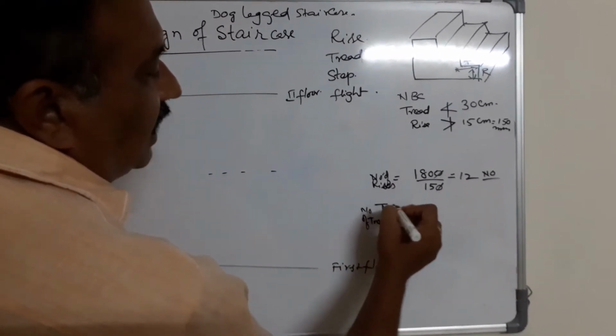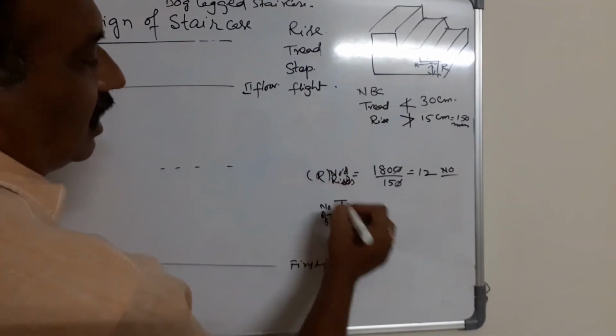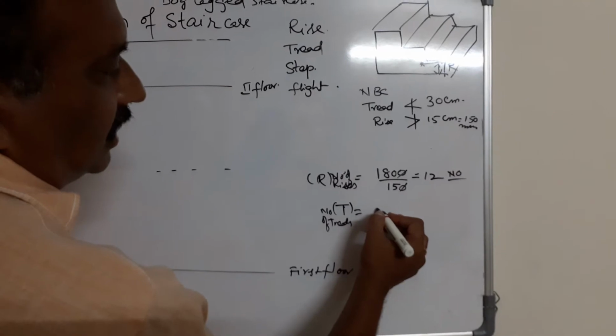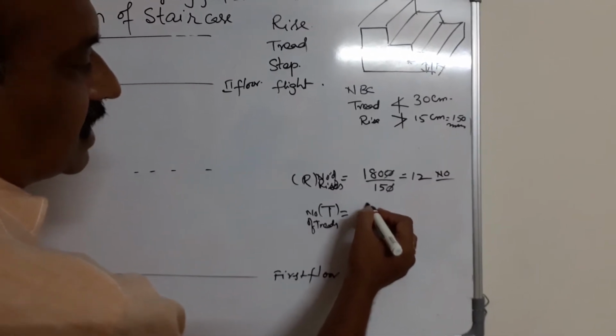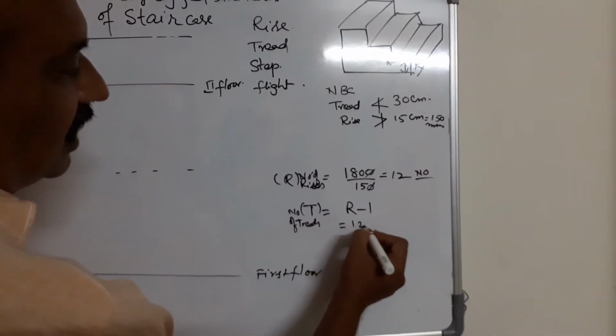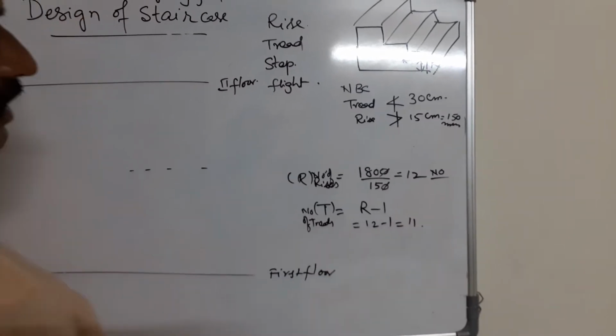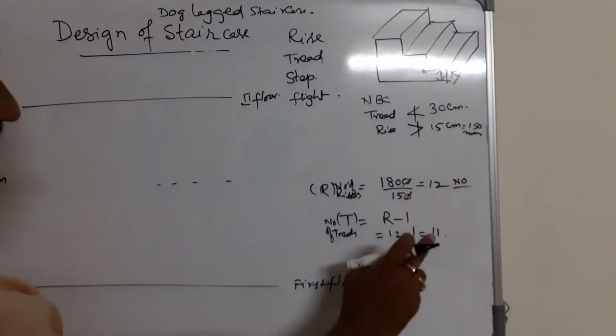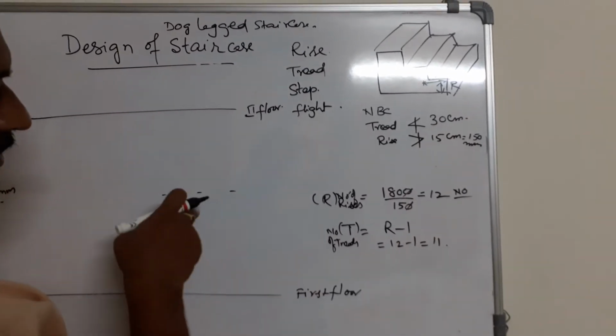There is a formula to get the number of treads, represented by T, which is equal to the total number of rises minus 1, that is 12 minus 1, which is equal to 11. Why we are going to less one number, I will show while demonstrating this.